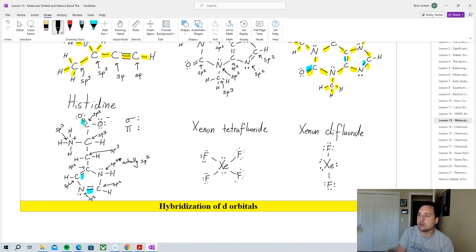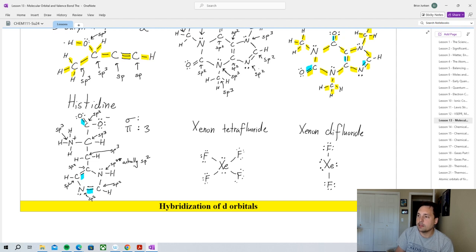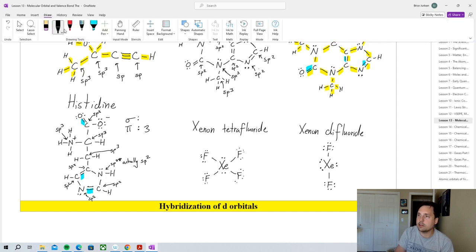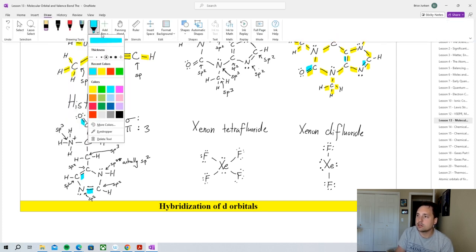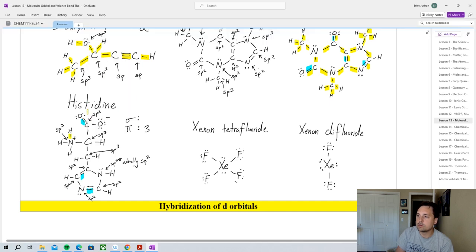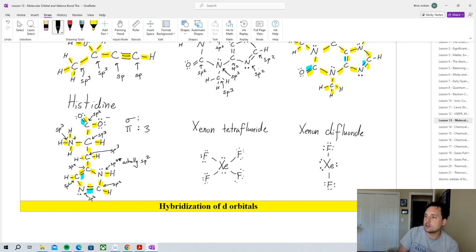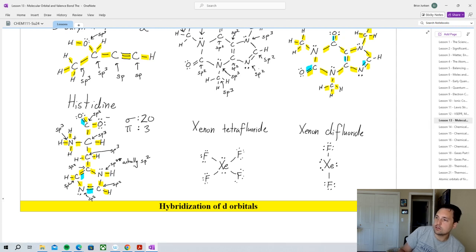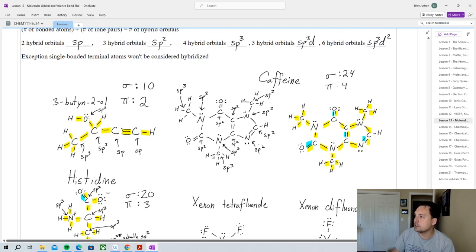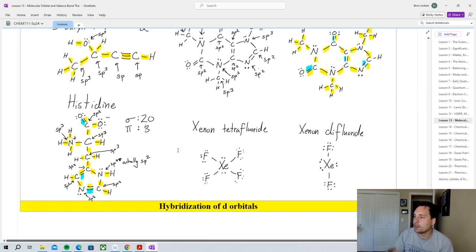So there should be 3 pi bonds, and then sigma bonds will be everything else. All right, I got 20 for histidine. So a little bit less complex than caffeine, but not by too much.